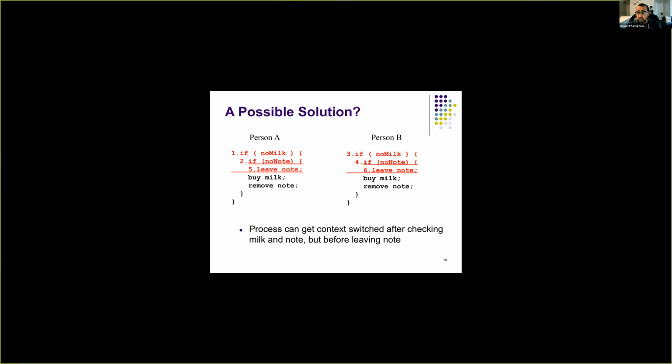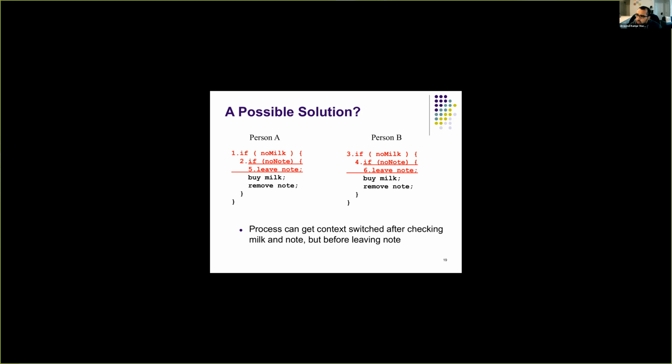Process B comes in, which also executes the first two statements. Both the conditions are true. Now process B gets scheduled out and process A comes back, and it's already inside the if, so it leaves the note, buys the milk, and removes the note. However, when process B gets scheduled again, it's already inside the if, so it also leaves the note and also buys milk. So this solution doesn't work with real processes.